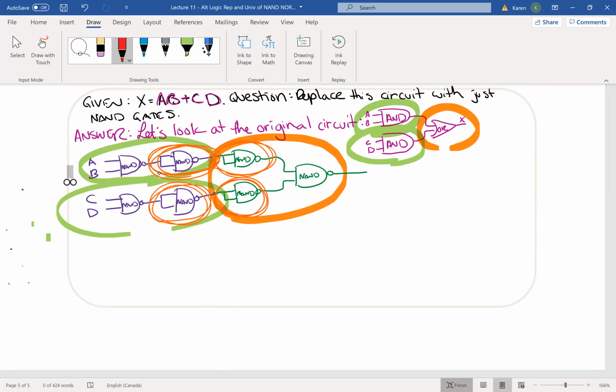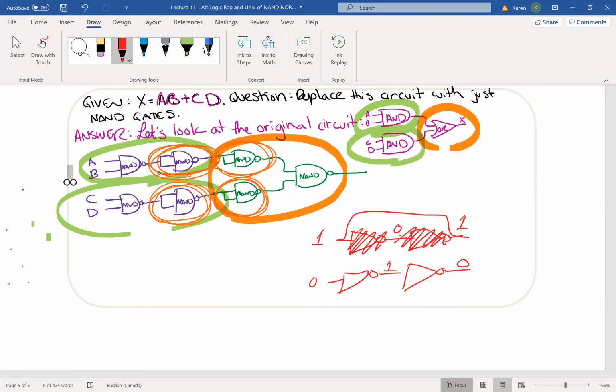So would you ever put an inverter in a circuit and then invert it again? So if you put a 1 in, it would become a 0 here, and it would be a 1 out. If you put a 0 in, then it would become a 1 here, and it would become a 0 out. So what if I just got rid of those two things? Then I'd have a 1 connected to a 1.